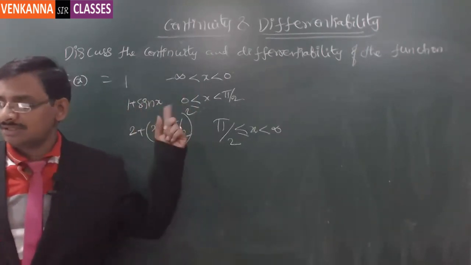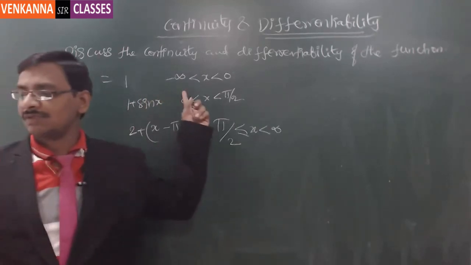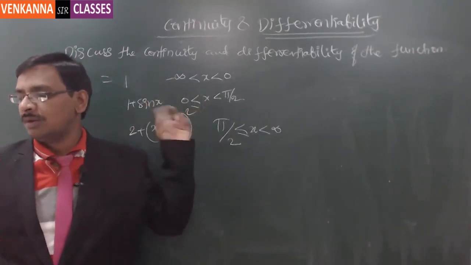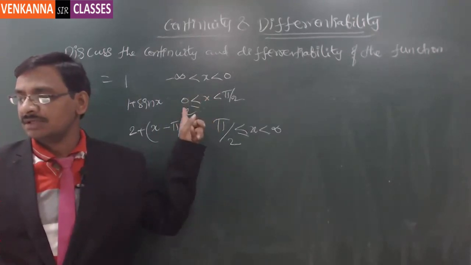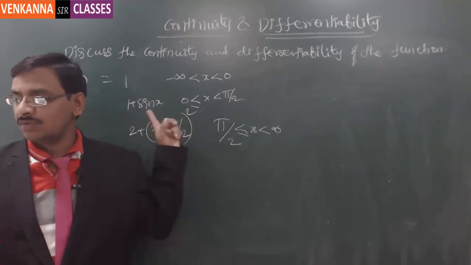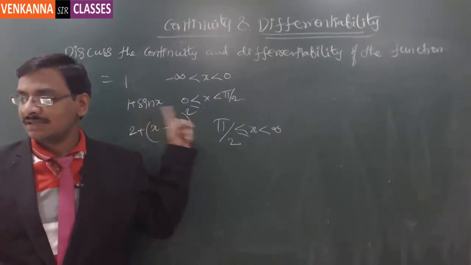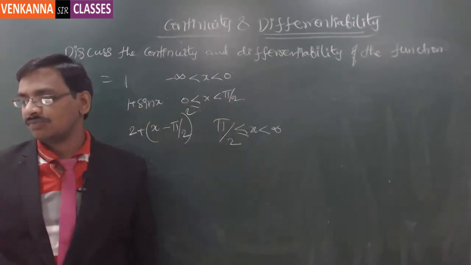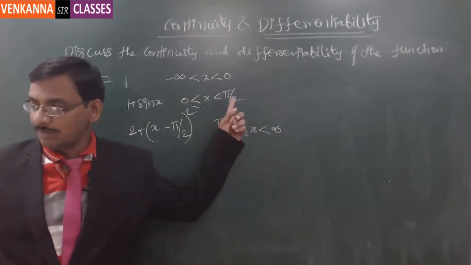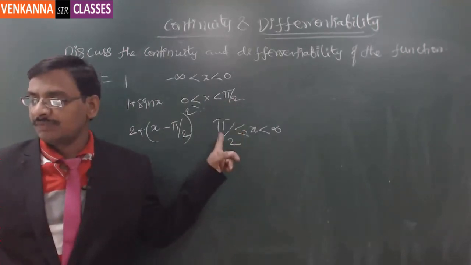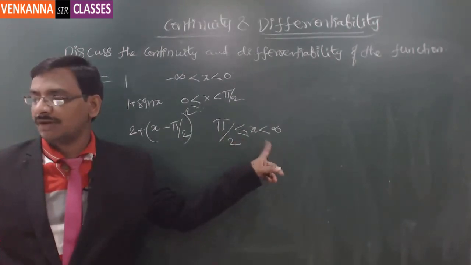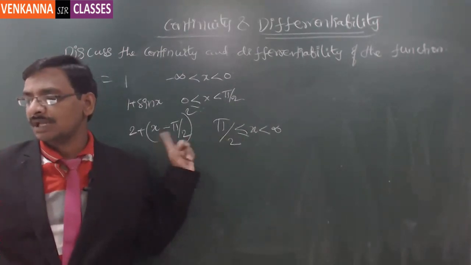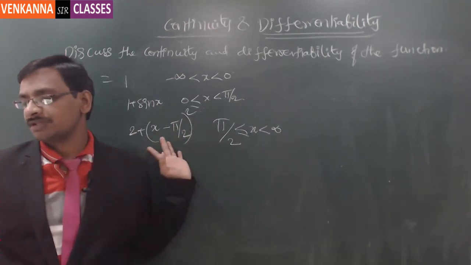That means it is continuous from minus infinity to 0. But exactly at 0 there is a change: the function value from 0 onwards is 1 plus sin x till it is less than pi by 2, not including pi by 2. At pi by 2 and from pi by 2 till infinity, the function value is 2 plus (x minus pi by 2) whole squared.